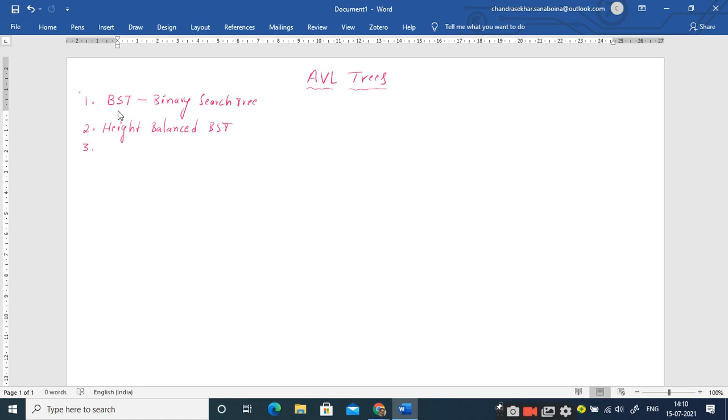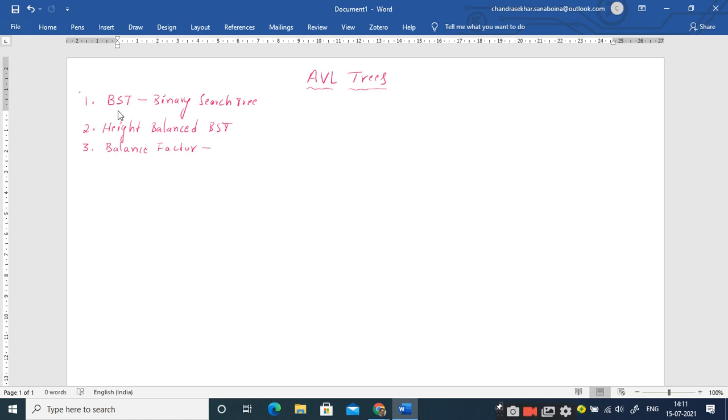So another important point regarding these AVL trees is there's a term called the height invariant or balance invariant, or we can call it the balance factor, right? As I told you, the balance factor is the most predominantly used terminology, so you should remember this particular term.